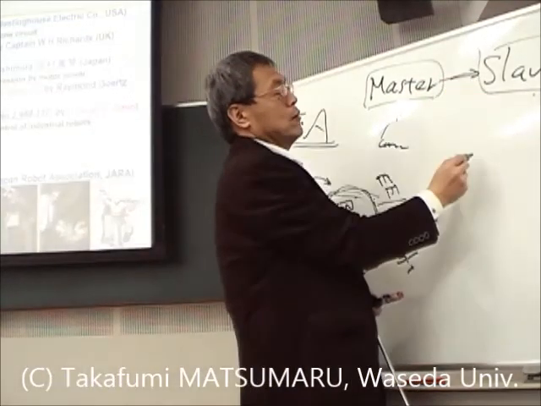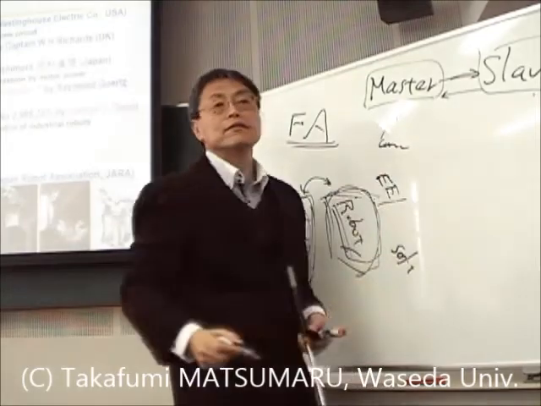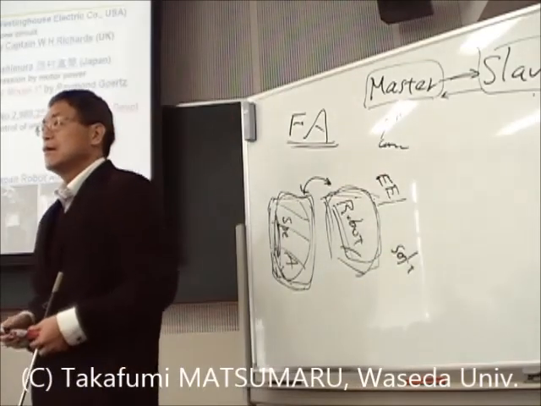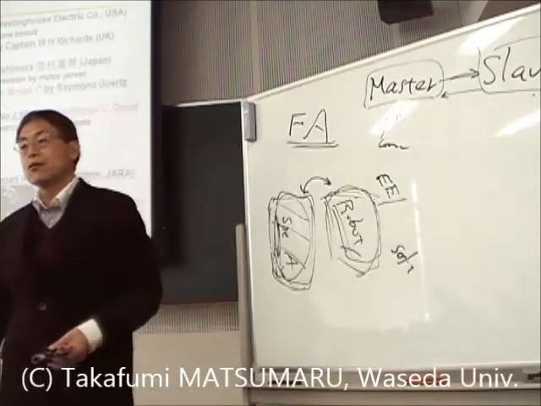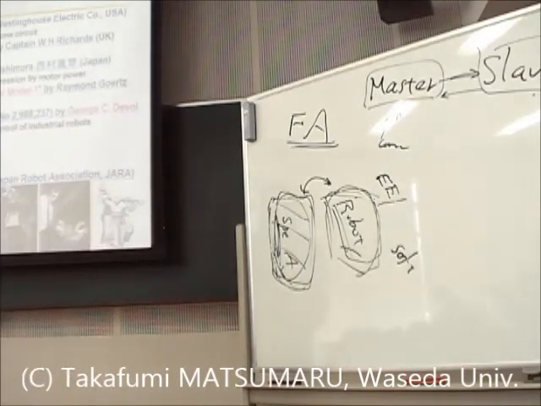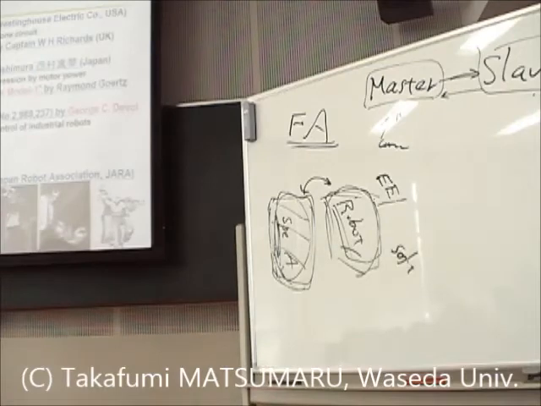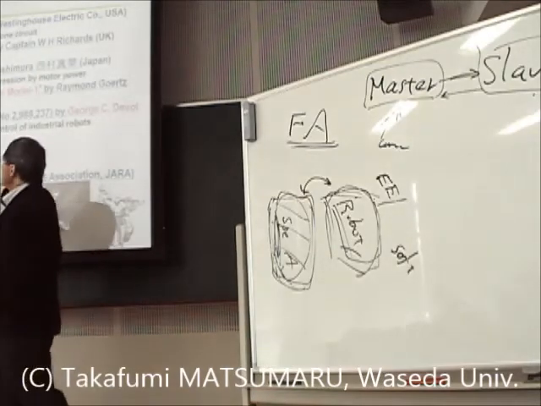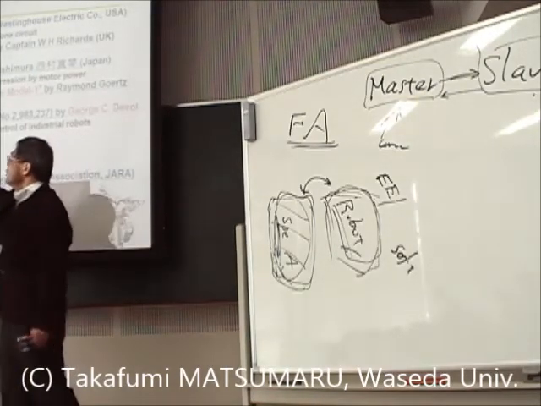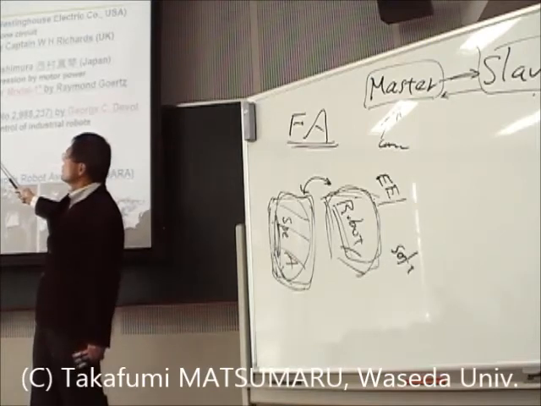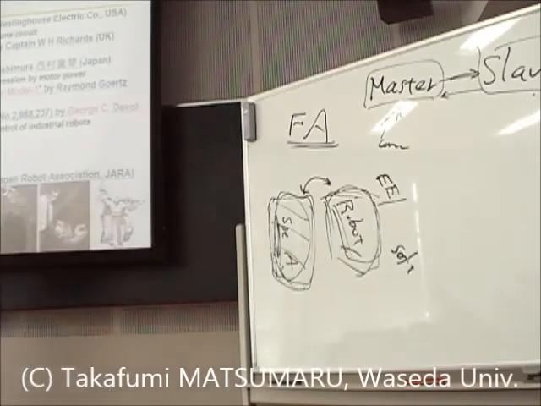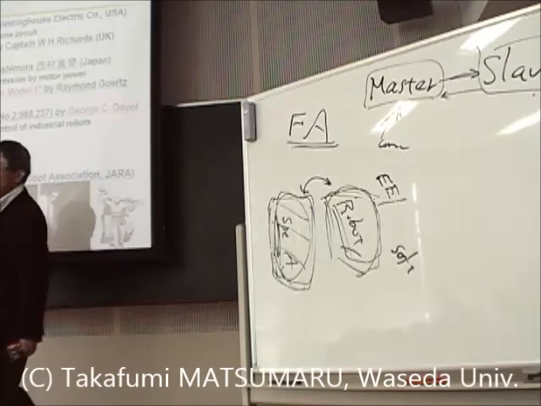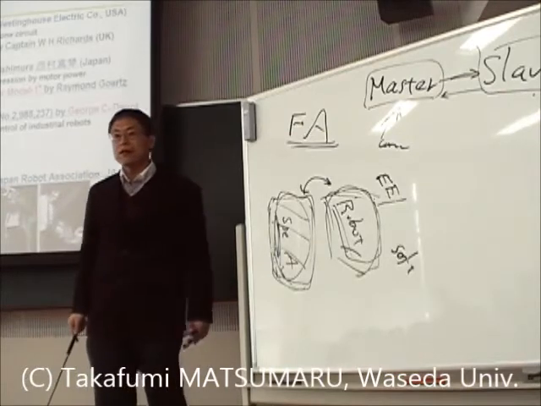So it is commands and feedback signals. Master slave is one remote operation method technology. Argonne National Laboratory is one of the nuclear technology research and development laboratories in the United States. So therefore they developed this master slave arm to handle the radioactive materials.